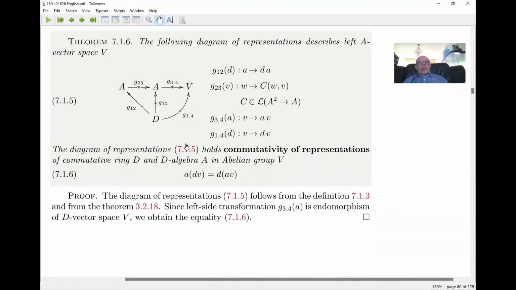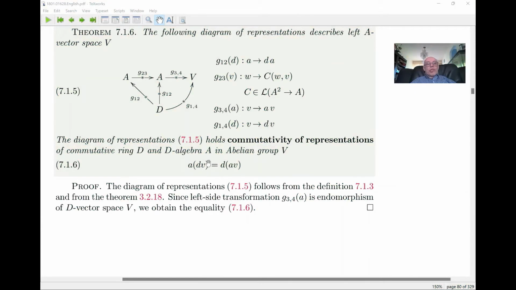The diagram of representation 1.5 describes a left vector space V. Here, the representation 1.4 corresponds to the product of vector v over scalar d, where d belongs to the field D. And representation 1.3 corresponds to the left-side product of scalar a over vector v.